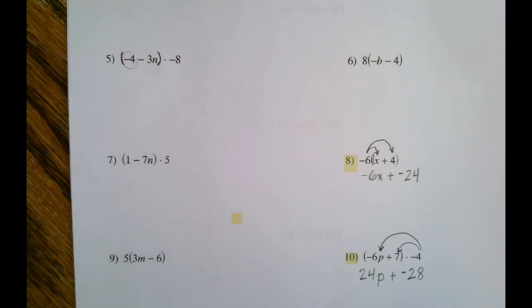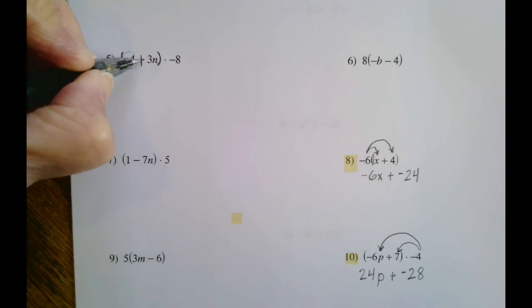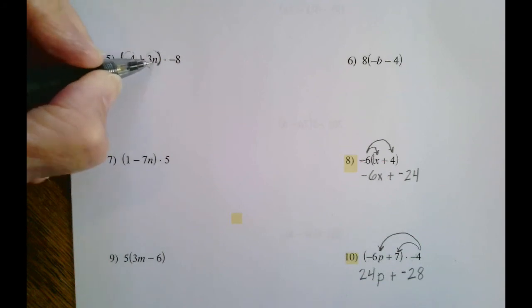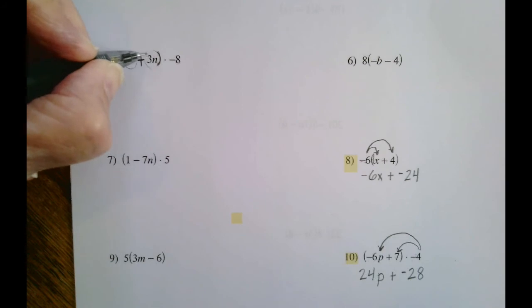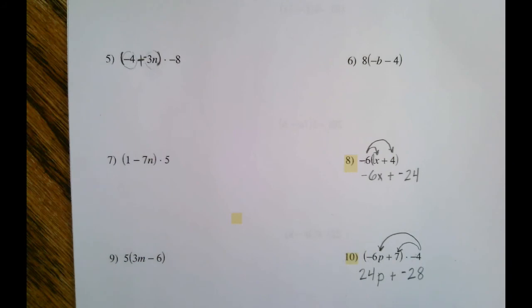We never ever change that, but we're going to change the subtraction sign to an addition sign. And when we do that, we have to change the sign of the next number in the subtraction problem to its opposite. So this is a positive 3n, so it's going to become a negative 3n.